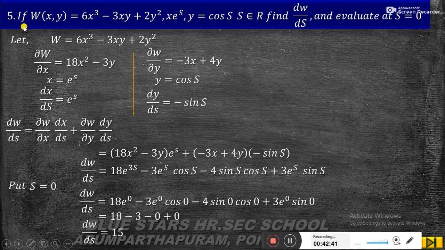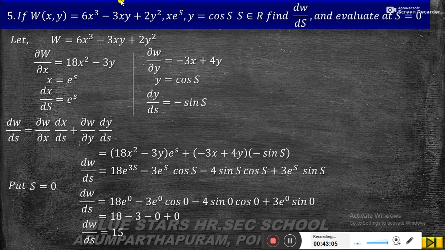Next we discuss the fifth problem. If w of x comma y equal to 6x cube minus 3xy plus 2y square, and x equal to e power s, y equal to cos s, s belongs to R, find dw by ds and evaluate at s equal to 0.